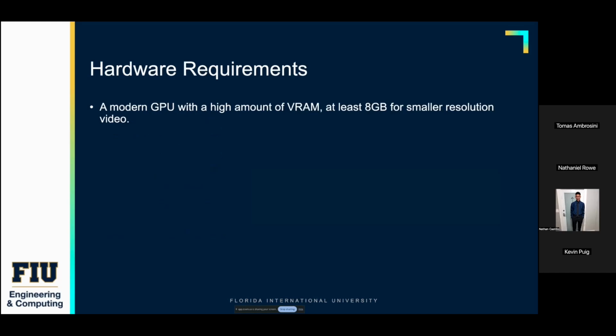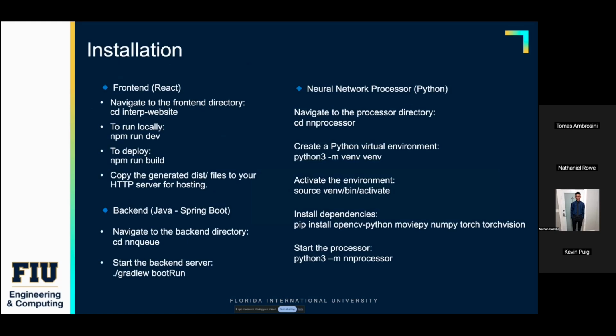For our hardware requirements, we just require a modern GPU with a high amount of VRAM, at least 8 gigs for a smaller resolution video. Now, as far as installation, for the front end React, first we'll navigate to the front end directory using the command cd. To run locally, we'll run npm run dev.